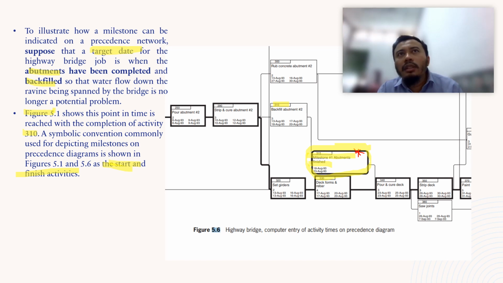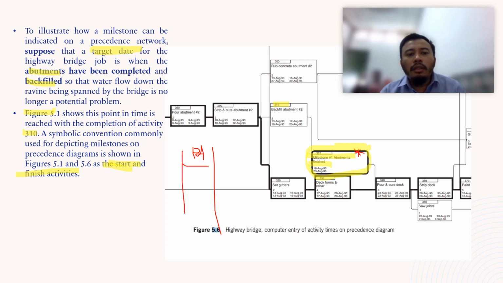You just put, for example, in the predecessor column of 315, 310. So that's the predecessor activity for this milestone activity 315.